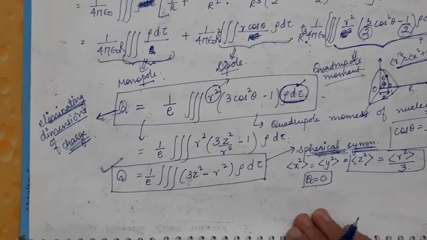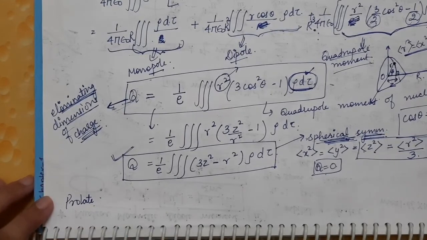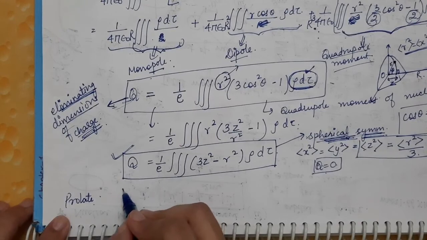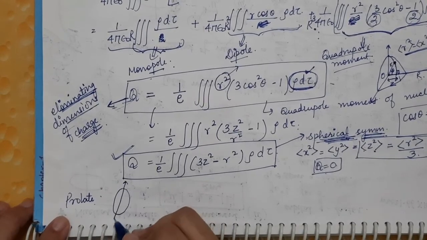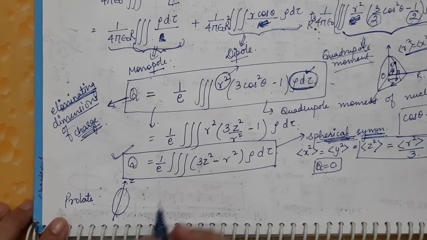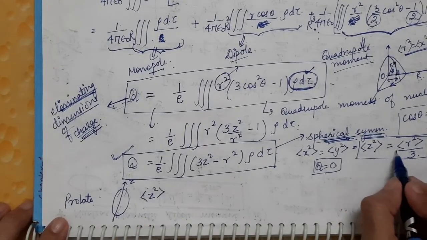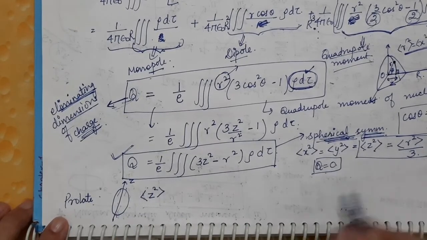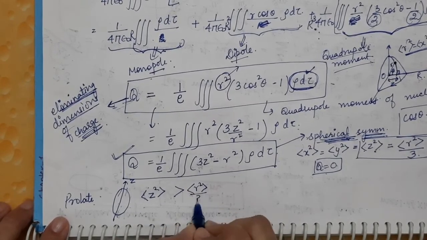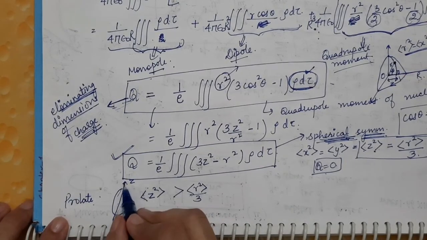Now, if the shape of the nucleus is prolate, means the axis of the nucleus is the z-axis and the charge is also stretched along the z-axis, then, where we had z square equal to r square divided by 3, here we will have z square greater than r square divided by 3, because now the charge is distributed more along the z-axis.